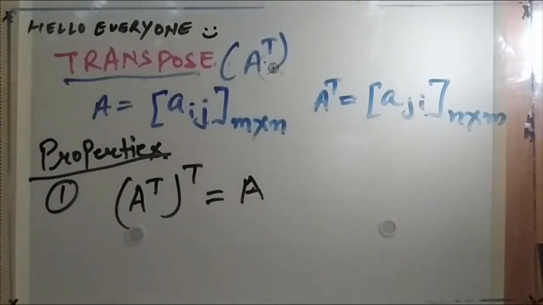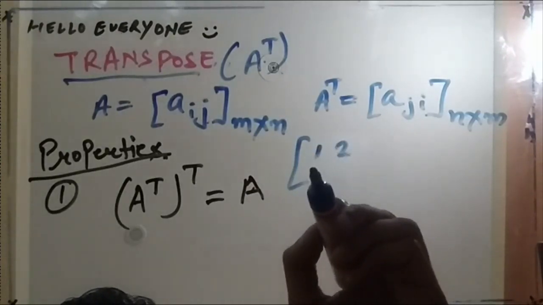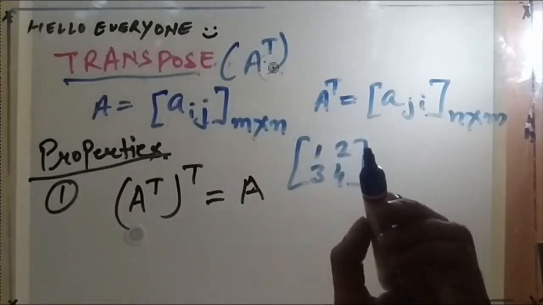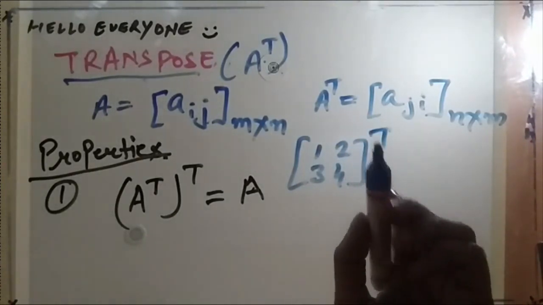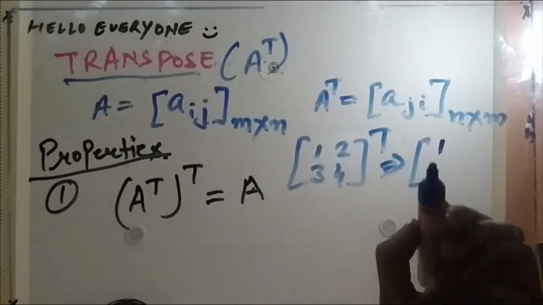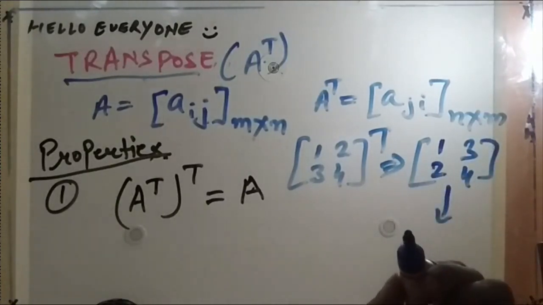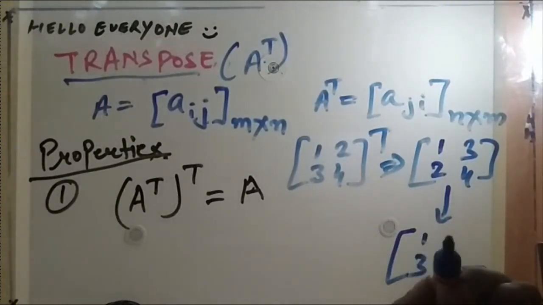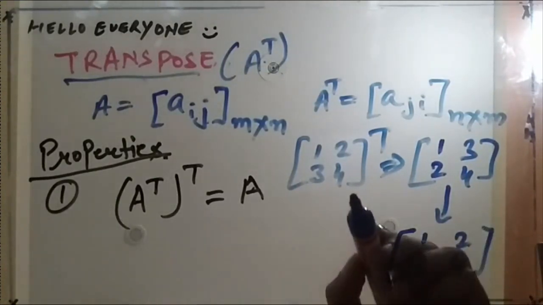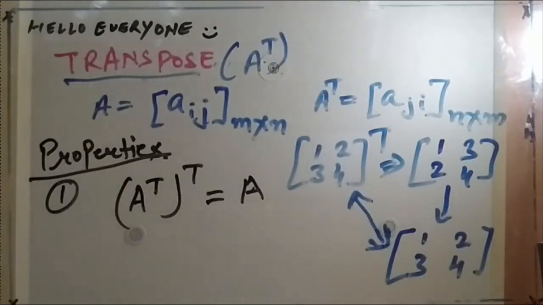You can see here by example, if I choose 1, 2, 3, 4 and I transpose this one, it will give 1, 3, 2, 4, and again if I transpose this matrix, it will give 1, 2, 3, 4. You can see that the double transpose gives the original matrix. So we understand the first property.